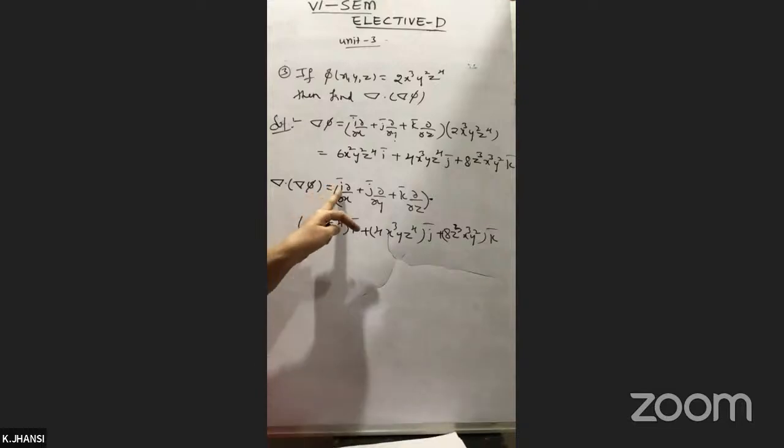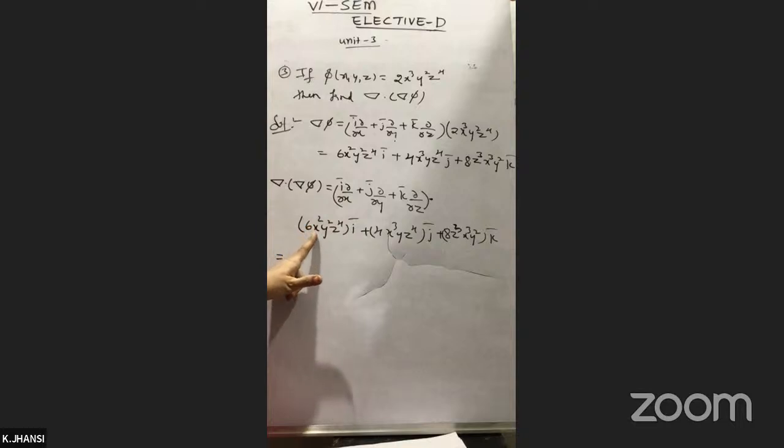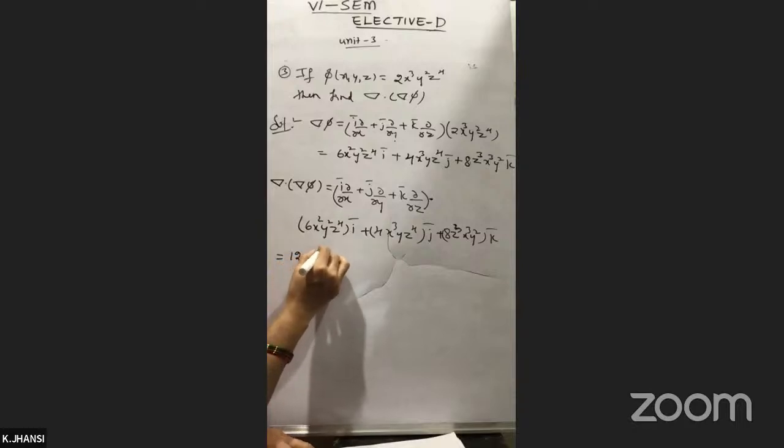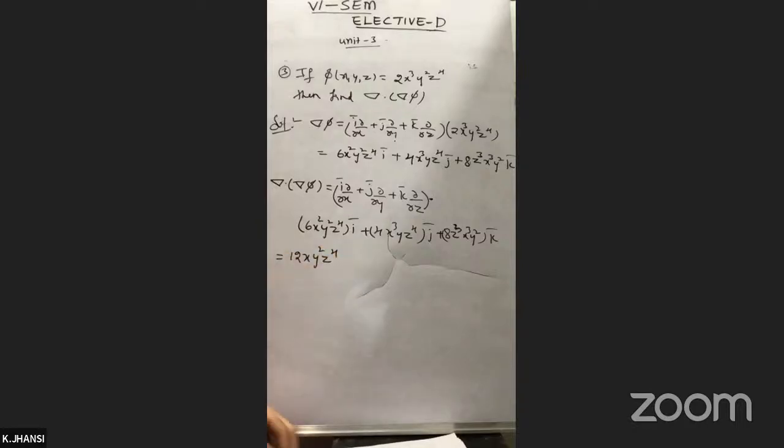Okay. Now we need to find the dot product. So i dot i will become 1, and with respect to x, x square differentiation means 2x. So 6 times 2 is 12x y square z to the power of 4.